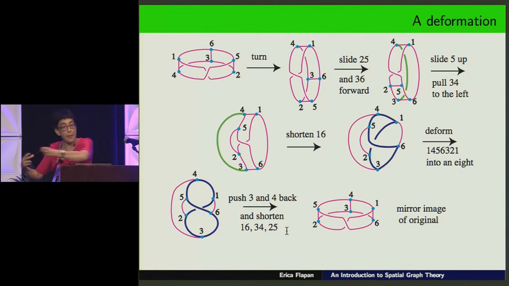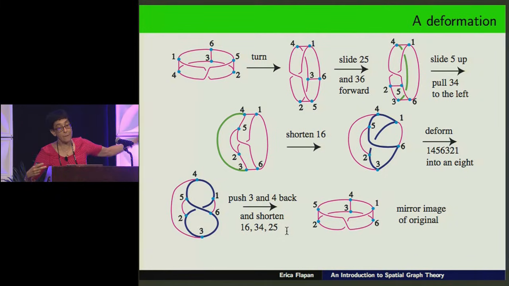I'm going to grab that and pull it to the left so I get the next picture with the green on the left. In addition to that, I'm going to look at vertex 5 and slide it up so it's now above 2. And so you get this picture at the beginning of the second line.